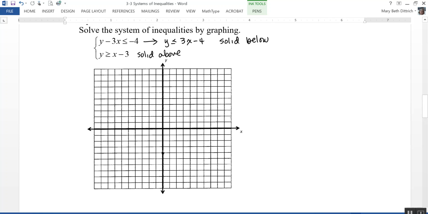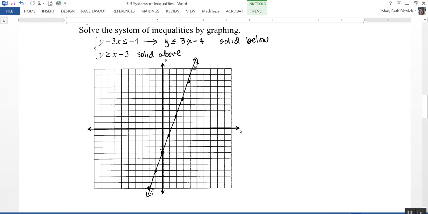So the first one, -4, up 3 and right 1, or down 3 and left 1, gives me a line like this. Solid. And I'll be shading below, where the y-axis is below, so kind of here. I'll just do a little bit to remind me.